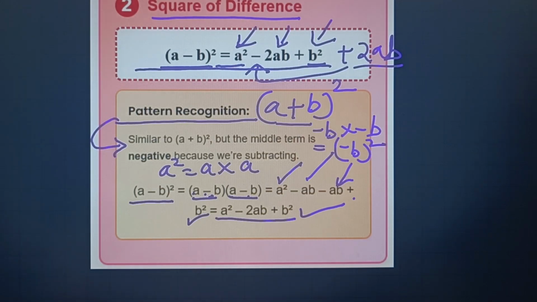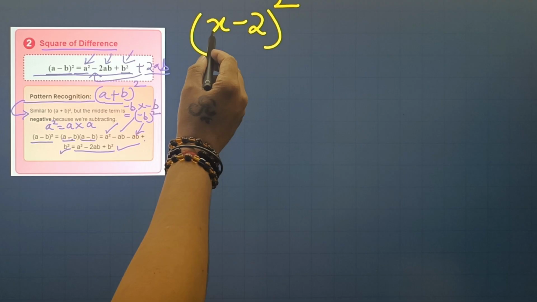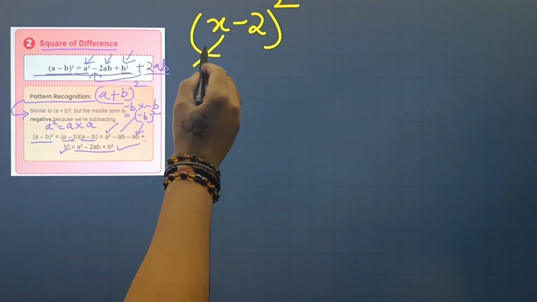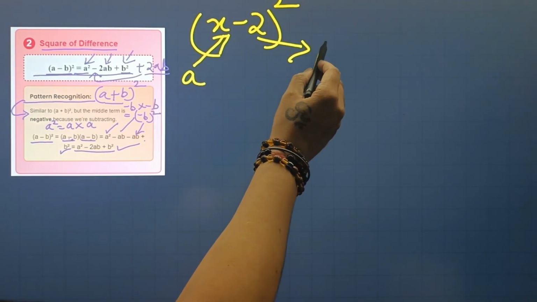Now let's understand with the help of an example. So students, here we have our example, which is (x − 2)². Here a is x and minus 2 is b.